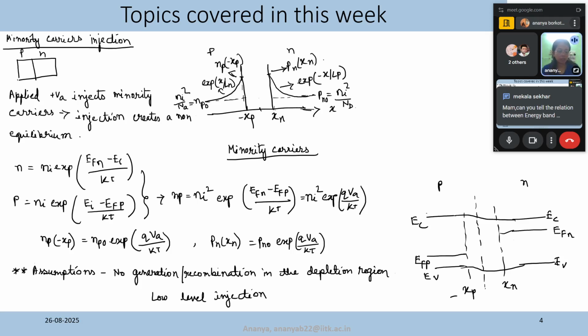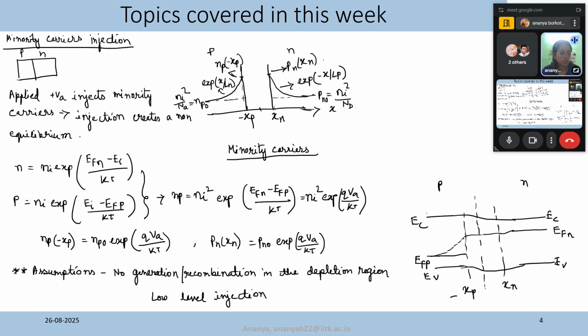Okay, I will check your question. I'm just drawing the Fermi levels. We are considering that there is no recombination, so the electron Fermi level will be the same like this. Now away from the junction in the neutral region, the electron Fermi level will come to the Fermi level of the majority.